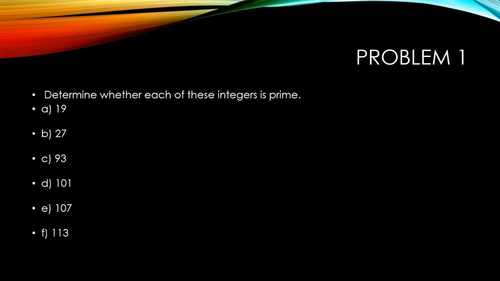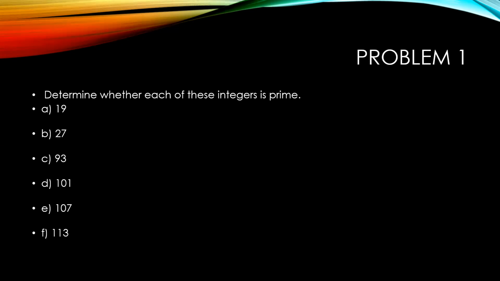So what is the square root of 19? It's around 4 point something, so it means the range will be 1 to 4. 19 divided by 1 is 19. 19 divided by 2, the remainder is not equal to 0, same as when we divide 3 into 19. 4 is not a prime, so we're not going to divide 19 by 4.